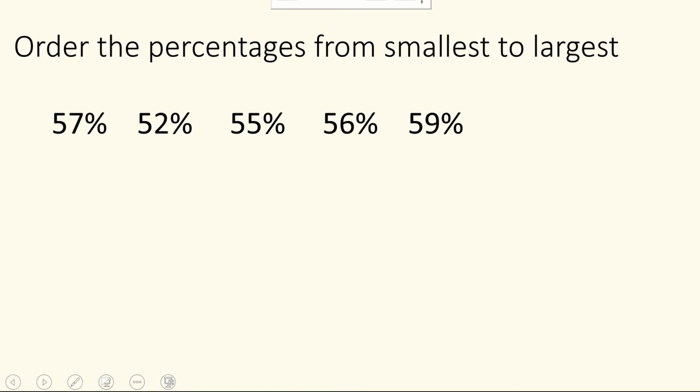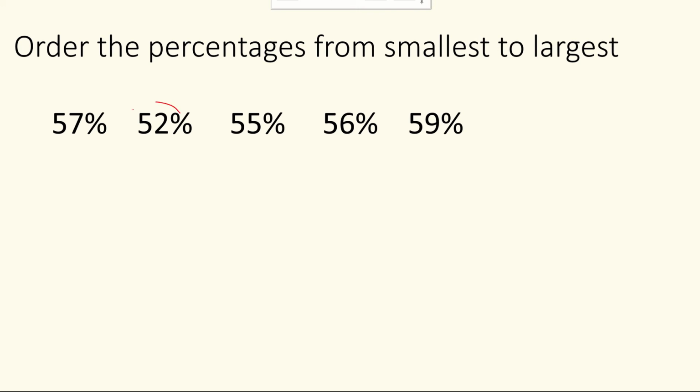Right, let's move on. So here's a sample question. This is really more like a level 1 question. It says order the percentages from smallest to largest. So this is an easy 1 mark, so definitely don't leave this one out. They're all percentages, so we just basically ignore the percentages and we just order the numbers from smallest to largest.